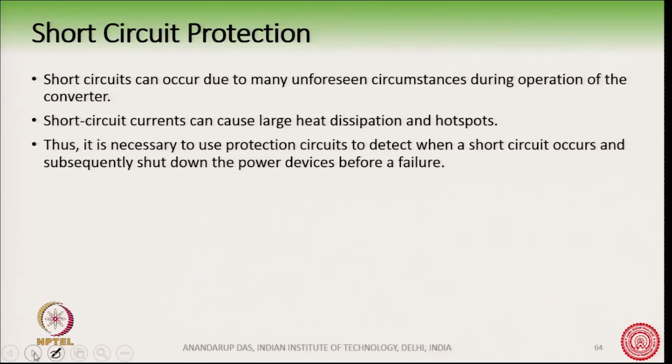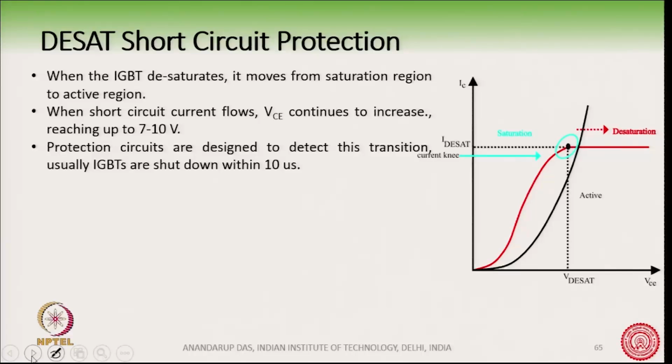So, the gate driver has the important job of withdrawing the pulse and shutting down the power device in a safe fashion before a catastrophic failure occurs. So, how does it do that? Basically it monitors the collector emitter voltage. For example, in an IGBT, the protection is called DSAT, short circuit protection.